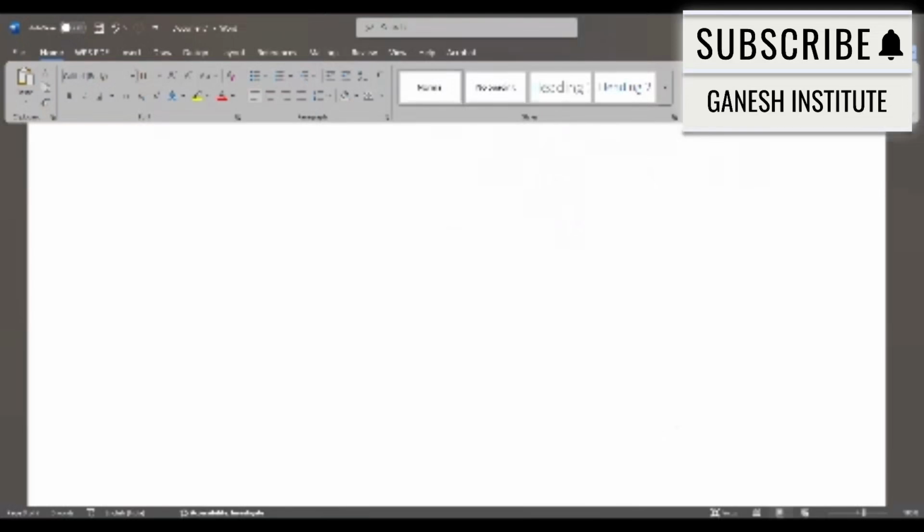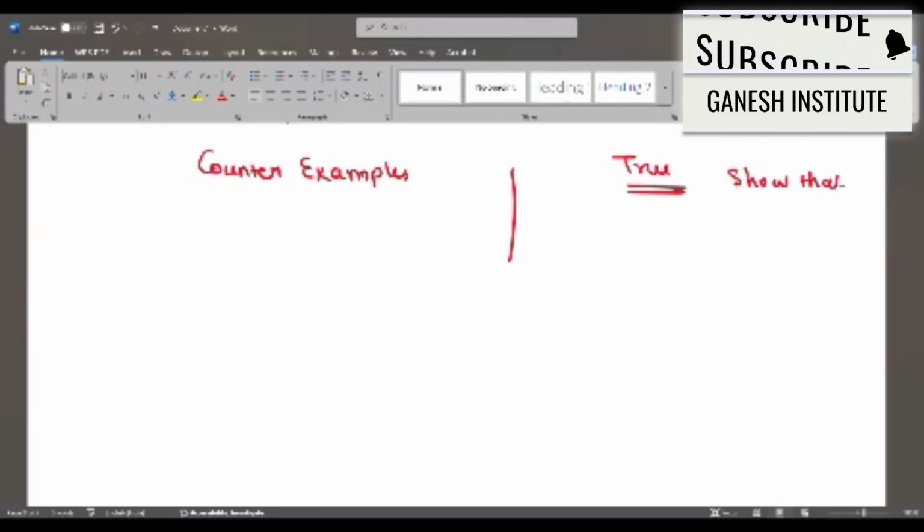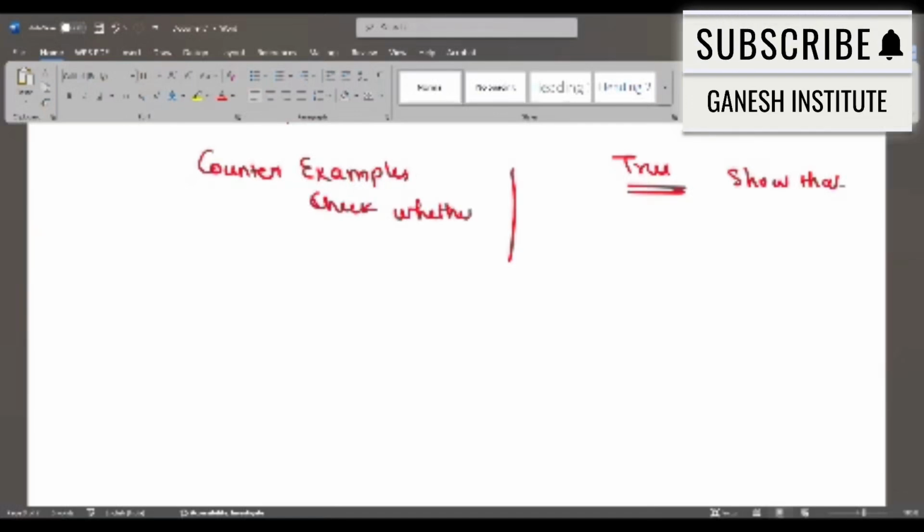So when you do questions to find surjective, how do you normally do them? We take counter examples. There are only two ways. If it is definitely true and you are asked to show that, or you are asked to check whether. Checking whether is dicey. Herein you try to find a counter example which will give you y not in the range given.